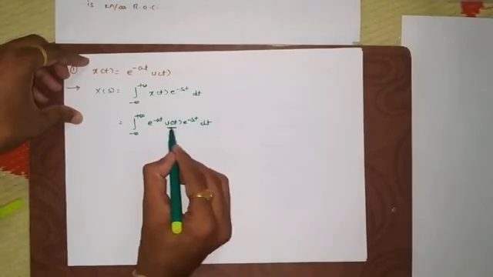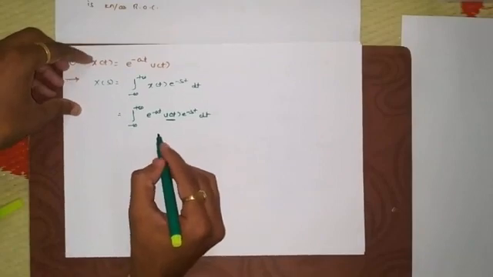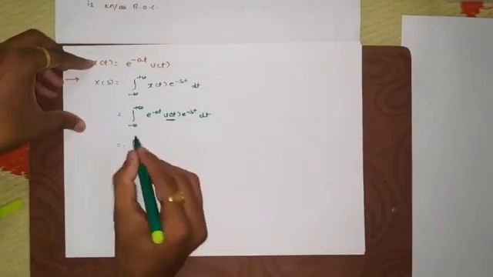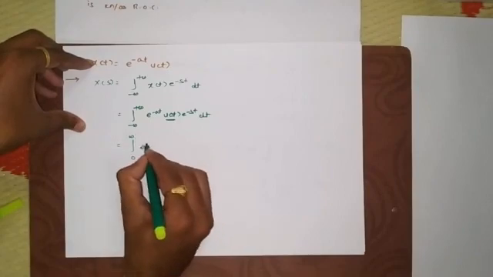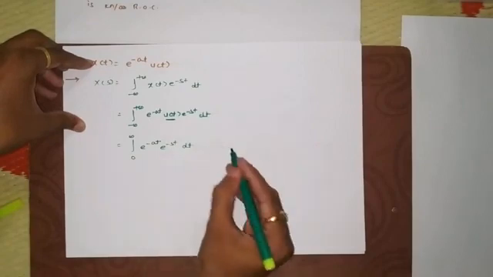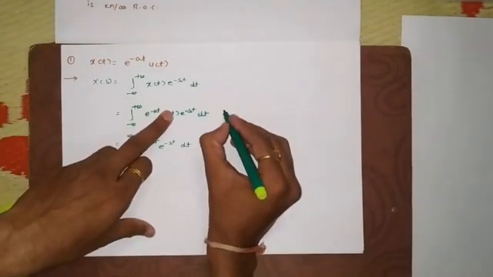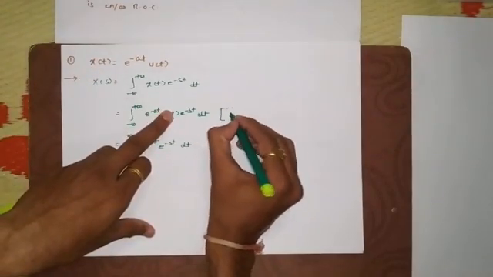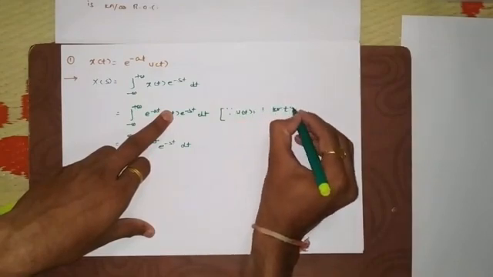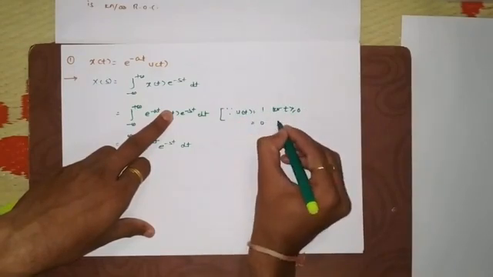Now this is the unit step signal. We know that it will have a value 1 between 0 to plus infinity. We make that change: 0 to plus infinity of e raised to minus at e raised to minus st into dt. The reason is that u of t is 1 for t greater than or equal to 0 and 0 otherwise.